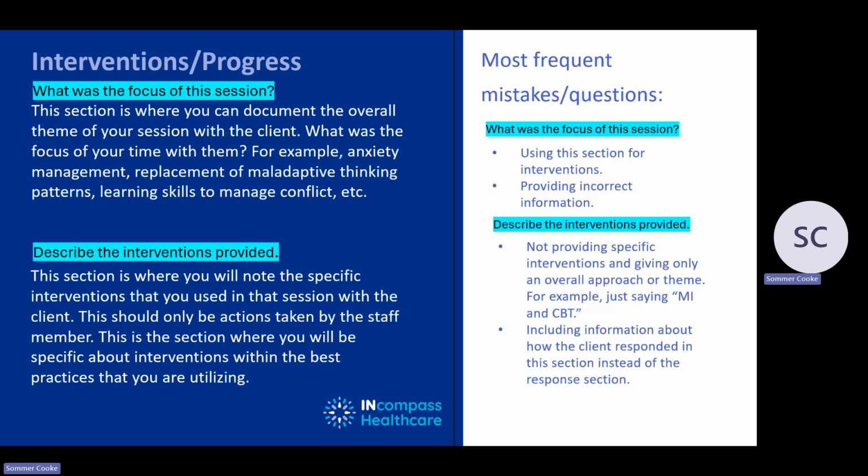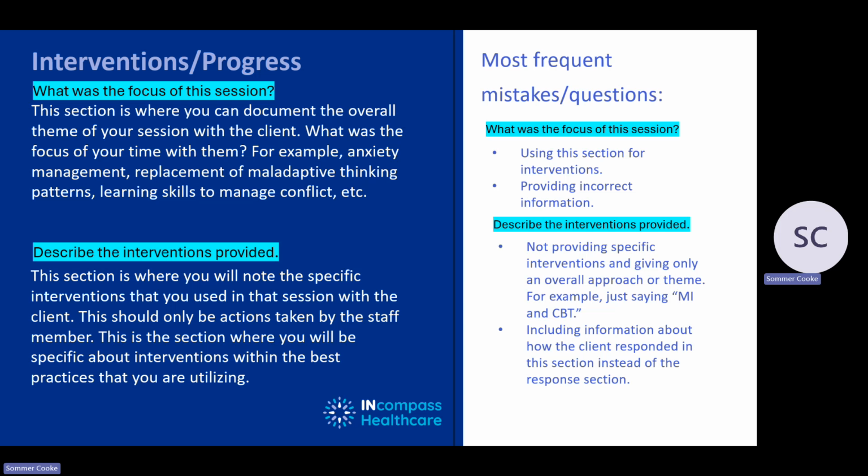This is the section where you can document the overall theme of your session with the client, what was the focus of your time with them, for example, anxiety management, replacement of maladaptive thinking patterns, learning skills to manage conflict, etc. Some of the most common mistakes in this section are using this section for interventions instead of providing information about the overall focus or just providing incorrect information.